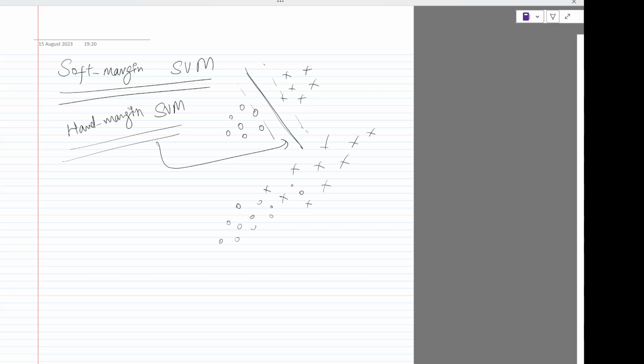So you try to find something which classifies most of your data points. That is called a soft margin SVM, where you may have some support vectors like this, and these are also your support vectors which are to the left of it.